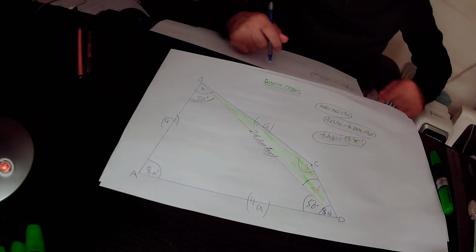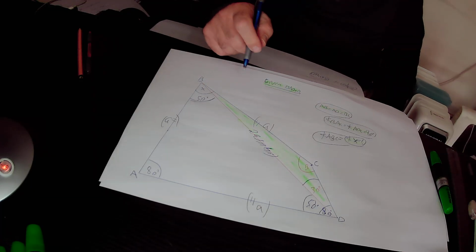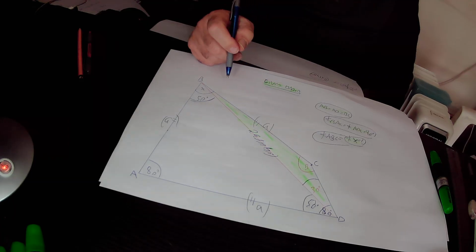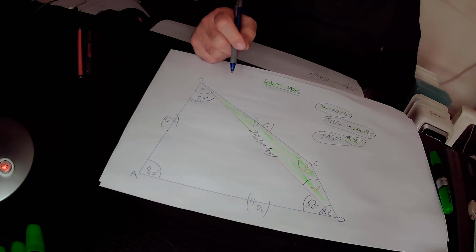So in the next step, we focus on this green triangle BCD. In the green triangle BCD, the sum of the angles must be equal to 180 degrees, according to the rule that the sum of the angles in any triangle is equal to 180 degrees. So which angles do we have in the green triangle BCD?